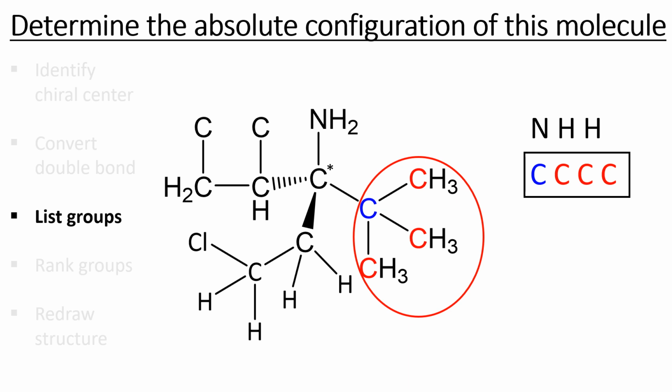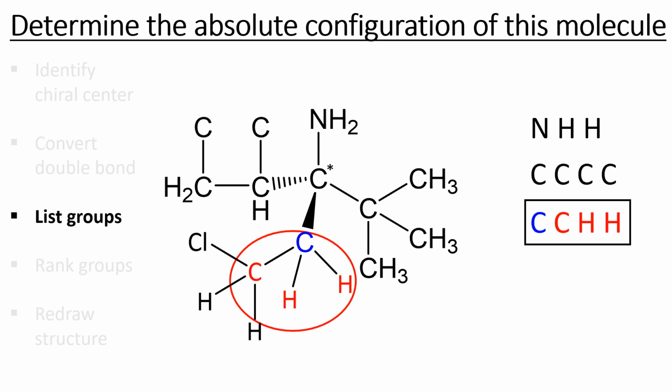Next is the 2-chloroethyl group. In the 2-chloroethyl group, the blue carbon is directly attached to the chiral carbon. Therefore, the blue carbon will be listed first. The atoms attached to this blue carbon in decreasing order of atomic number are the red carbon, followed by the two hydrogen atoms.